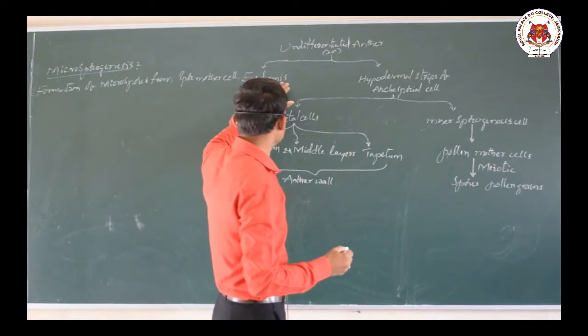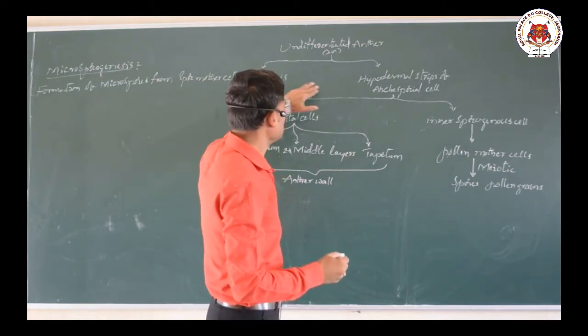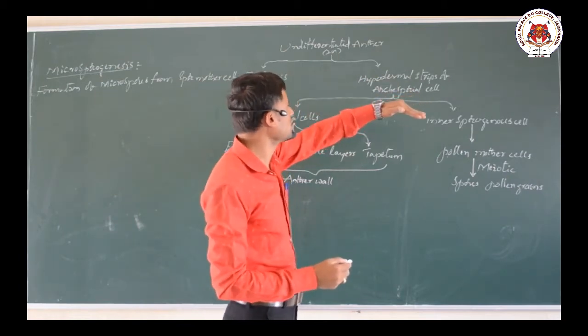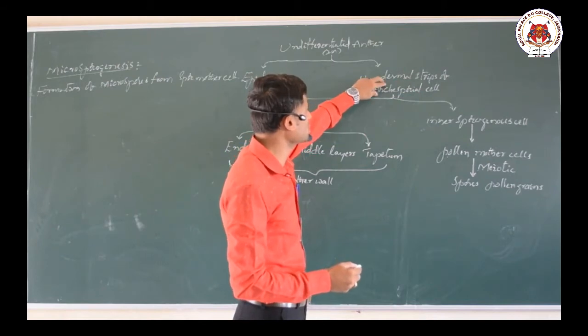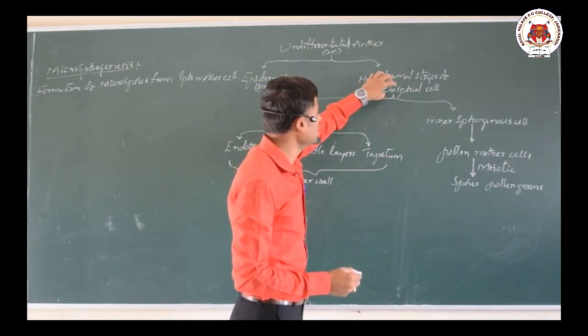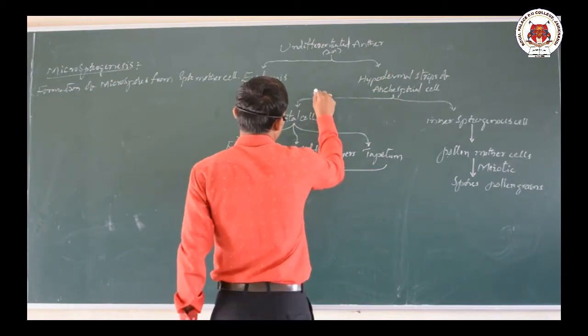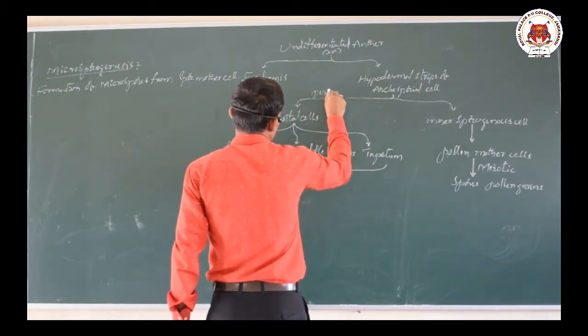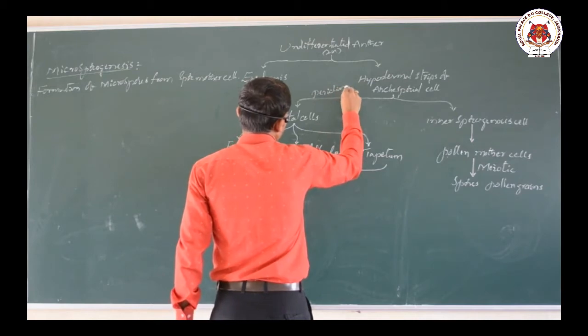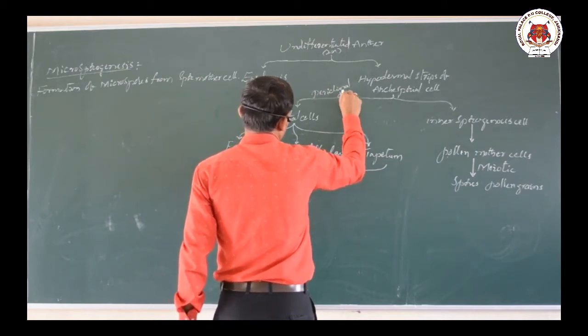Along with this epidermis region, towards the hypodermal strips, the archesporial cells are located, and these archesporial cells participate in periclinal division.